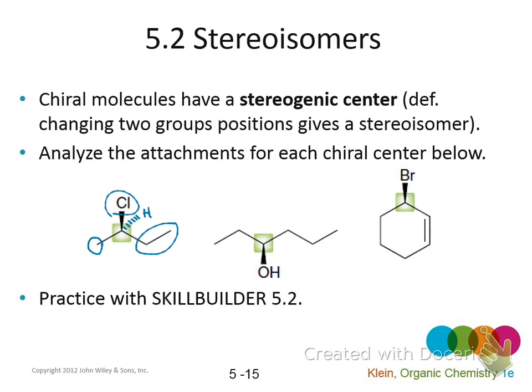Now, if you wanted to draw the enantiomer for this, the stereoisomer of this, there are 2 ways you can do it. One, you can literally draw its mirror image. You draw a line like this, and then you draw backwards from the right to the left, if you're artistically challenged like I am.